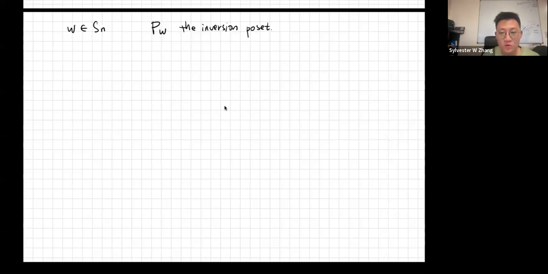So I'm going to define the inversion poset using an example. Basically, it's the poset such that you get covering relations from the inversions of the numbers.